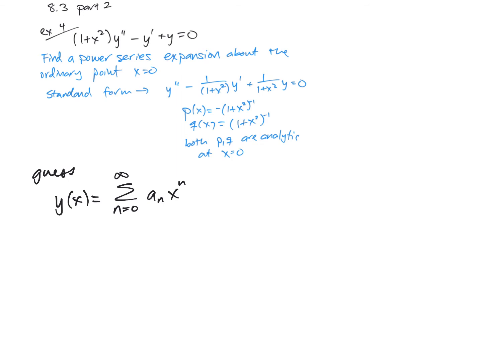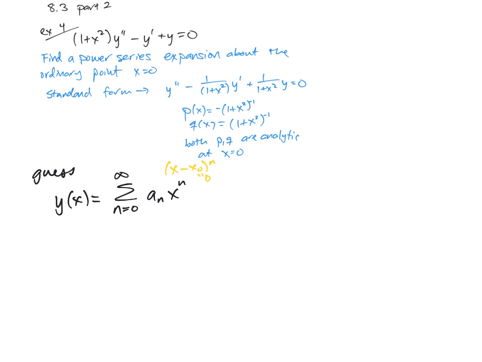And this is a power series that's centered at 0, which is why we don't have (x minus x naught) to the n. That's sort of the standard form for our power series, but x naught equals 0. So that's why we have it looking like this.